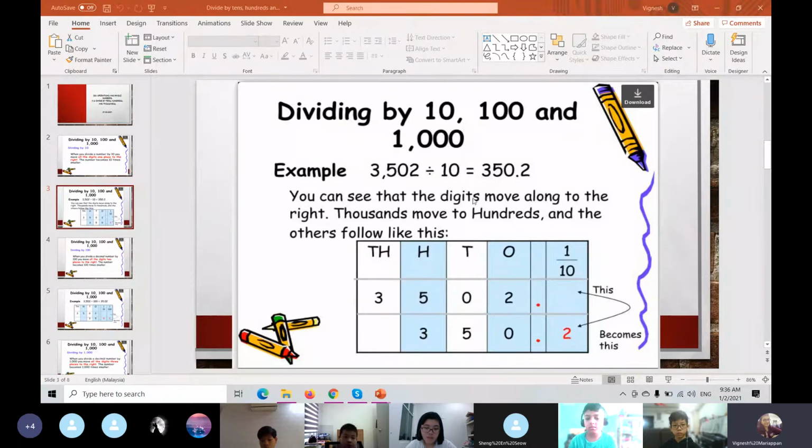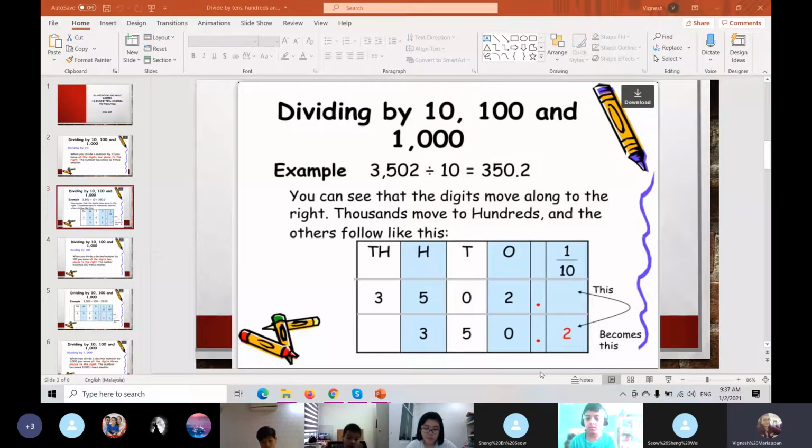You can see that the digits move along to the right, thousands move to hundreds, and the others follow like this. What is the important thing the teacher asked you all to remember last time? After the decimal, we already covered the decimal topics in grade 4, correct? What is the place value after the decimal place?